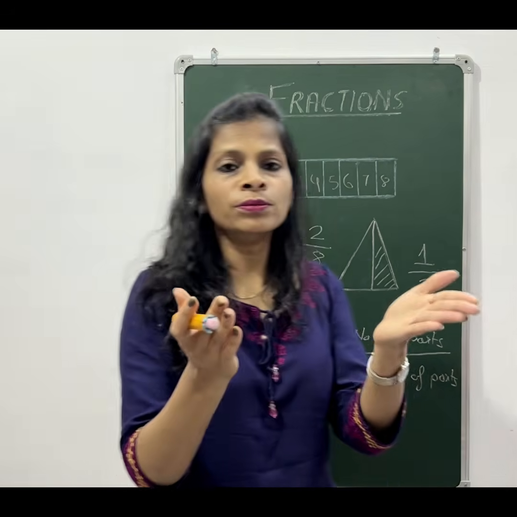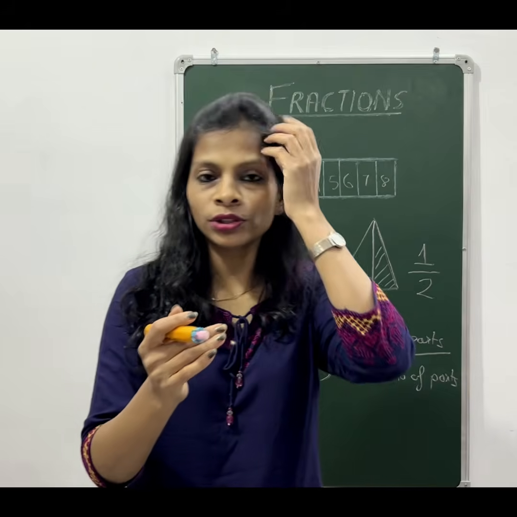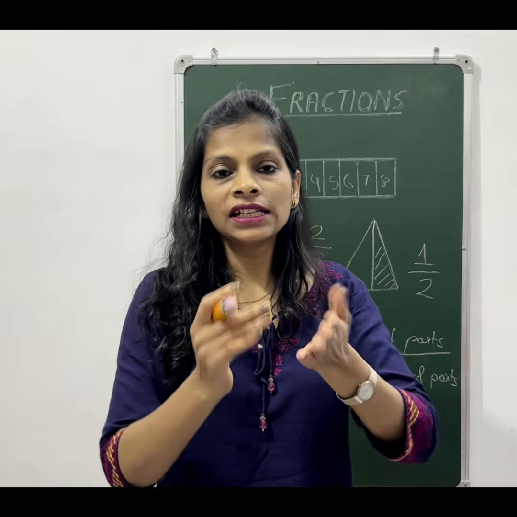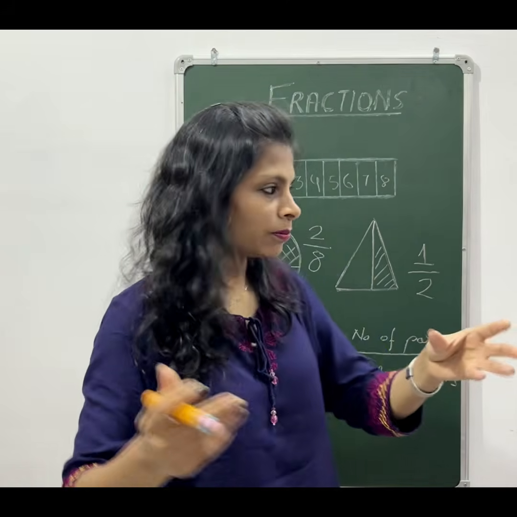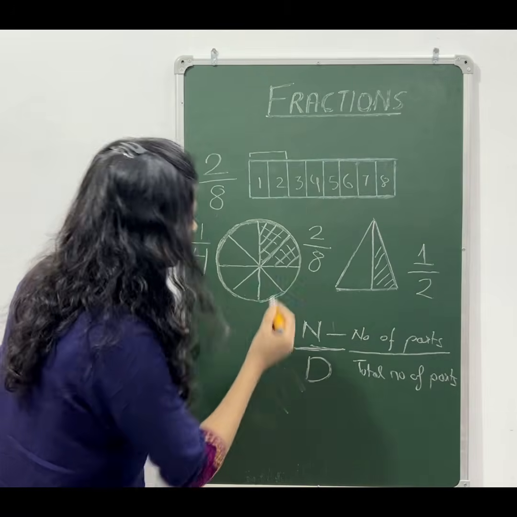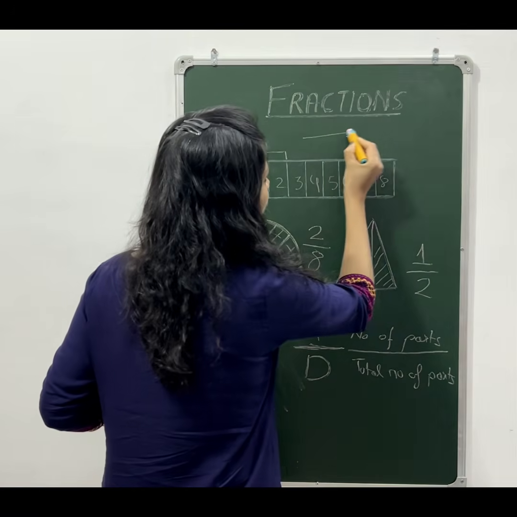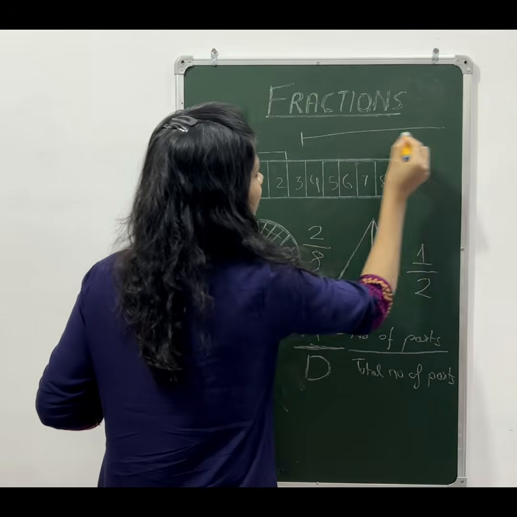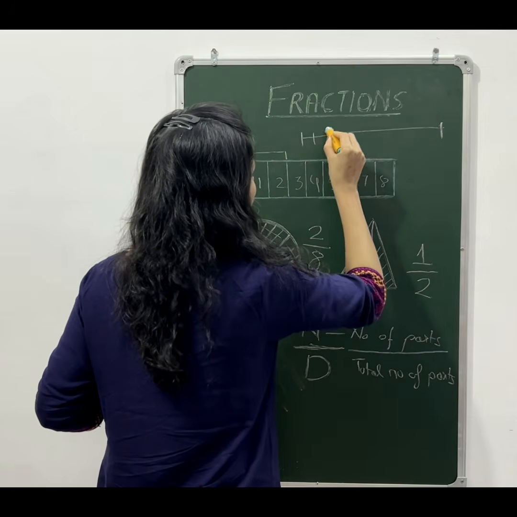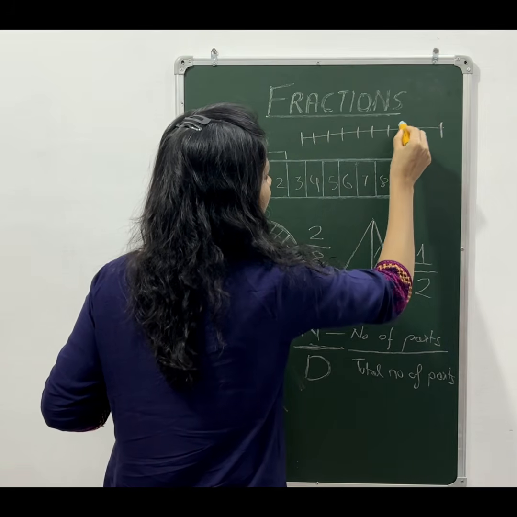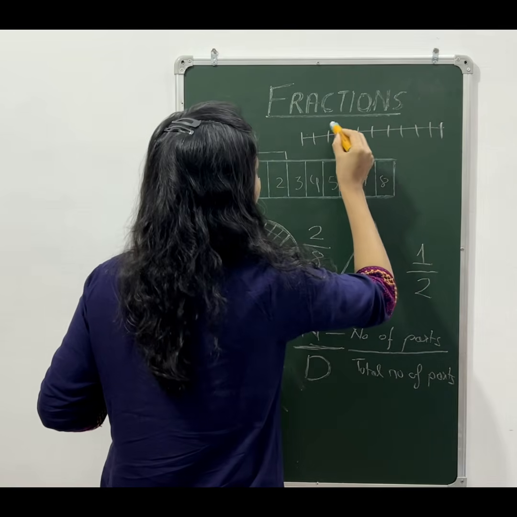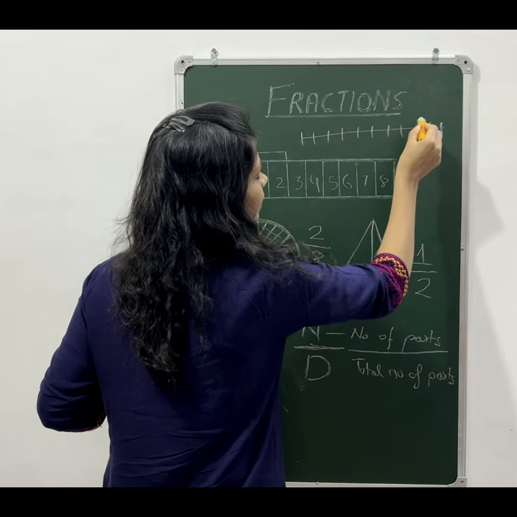Now, any fraction problem you see which has anything divided into any number of parts, let's take an example here. Let's say I have a row which was cut into some parts. 1, 2, 3, 4, 5, 6, 7, 8, 9, 10.